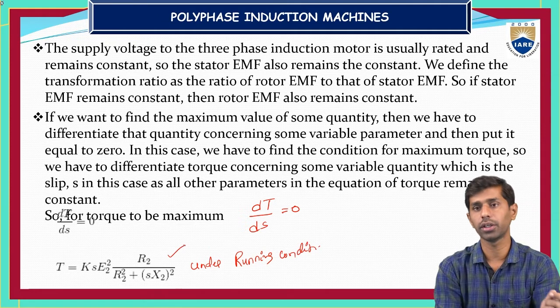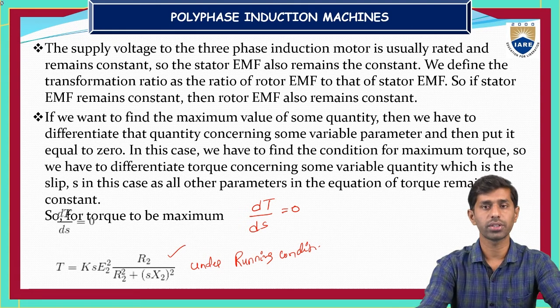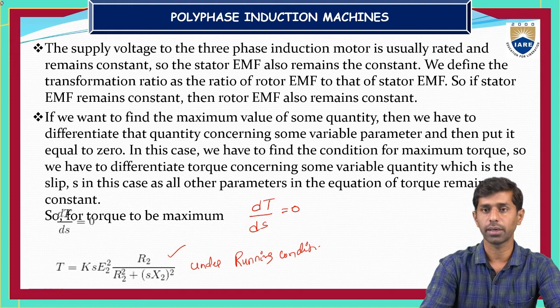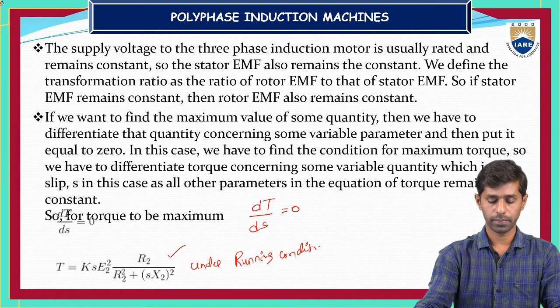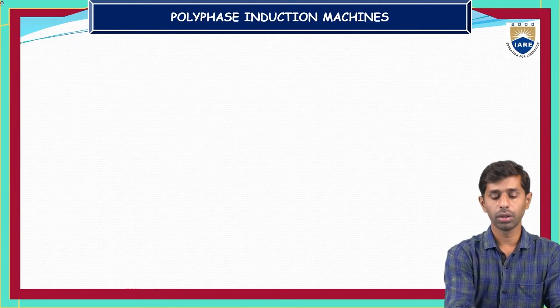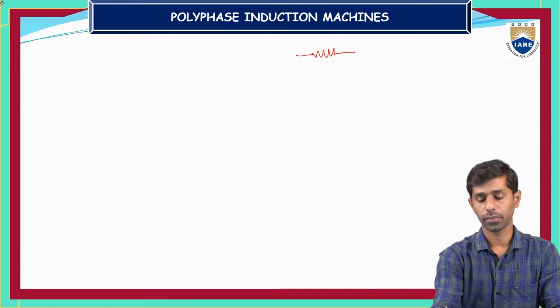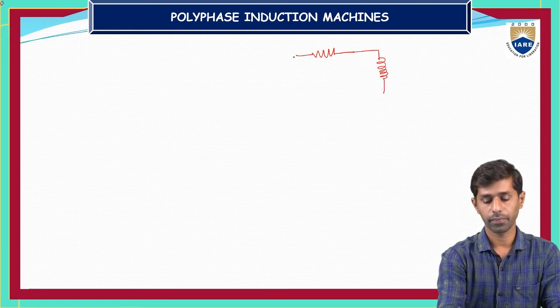Torque under running condition equals some proportionality constant K into slip times the induced EMF in the rotor square into R2 by R2 square plus S times the X2 whole square. The simplified equivalent diagram for the rotor has rotor resistance R2, which is variable, and rotor inductive reactance X2.